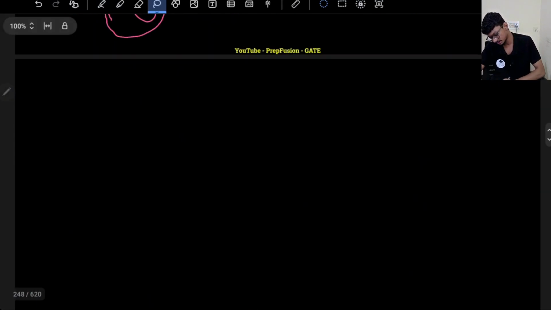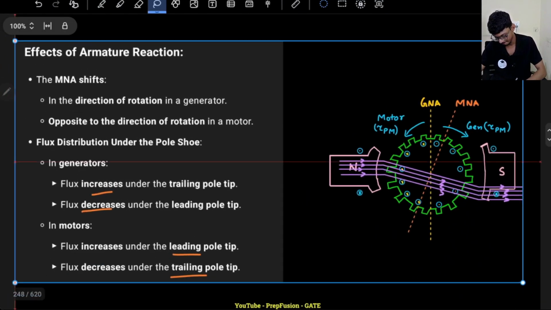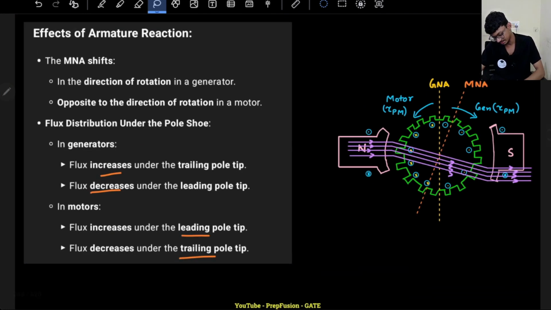What we summarized was that the effect of armature reaction is that the MNA will shift. The flux will increase under the trailing pole tip for a generator. If my generator is rotating like this, the trailing pole tip will be this one, and the leading pole tip will be this one. Flux will increase in the trailing pole tip and reduce in the leading pole tip.